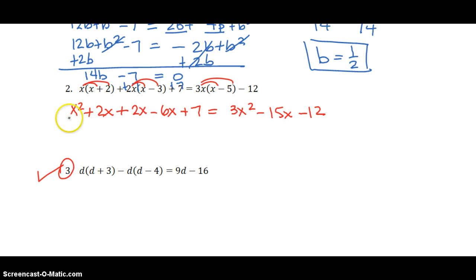Now we're ready to start combining like terms on the left hand side. This was supposed to be an x squared. Sometimes my pen's not catching. So it's positive 2x squared.